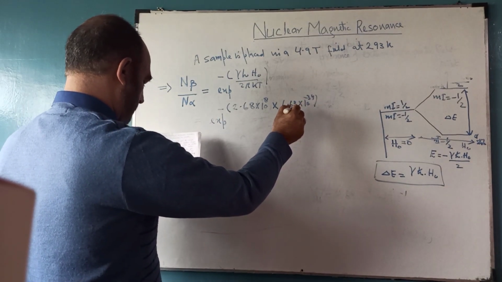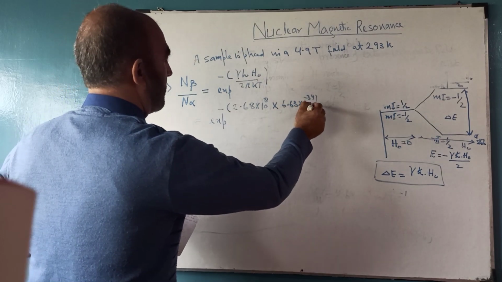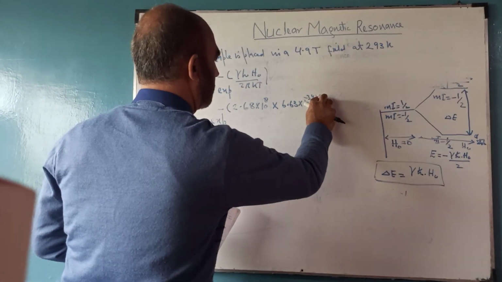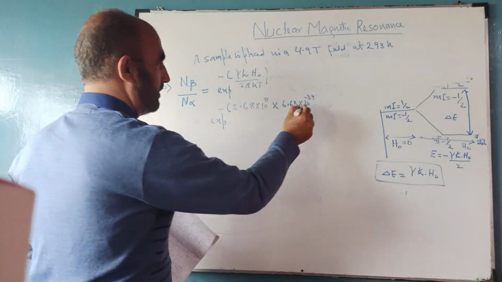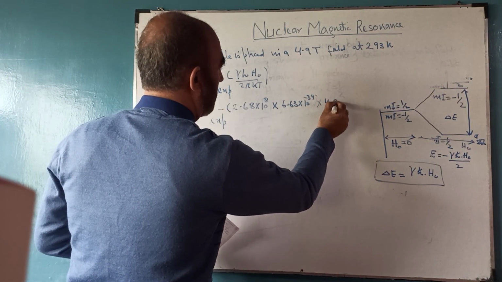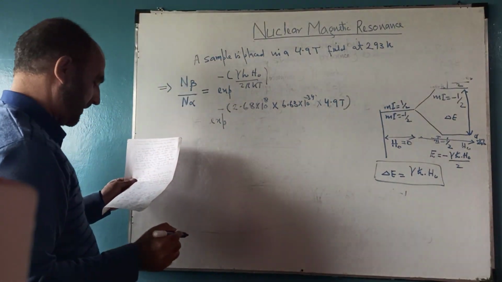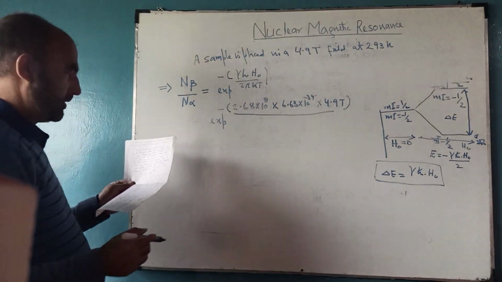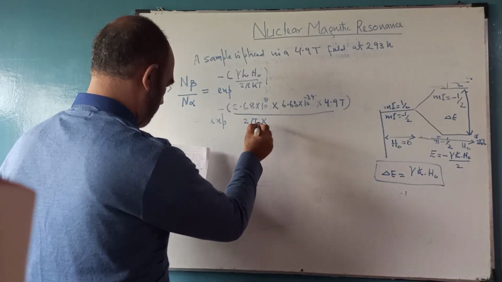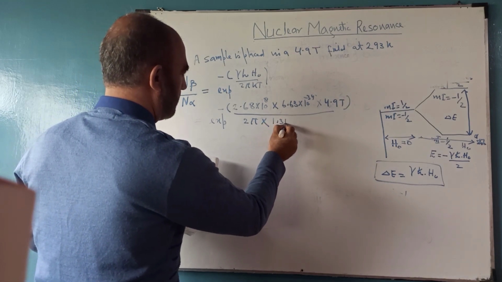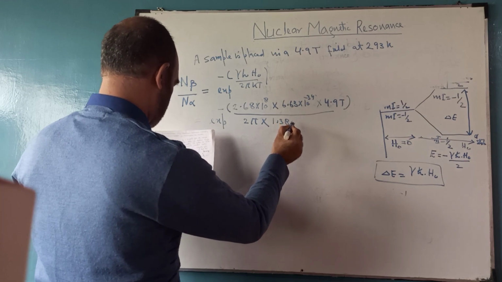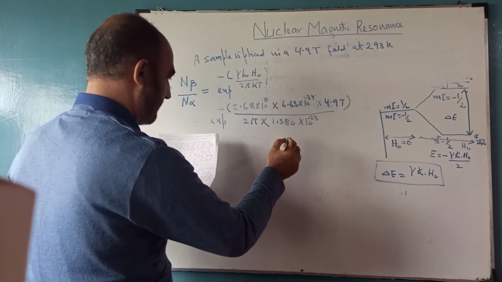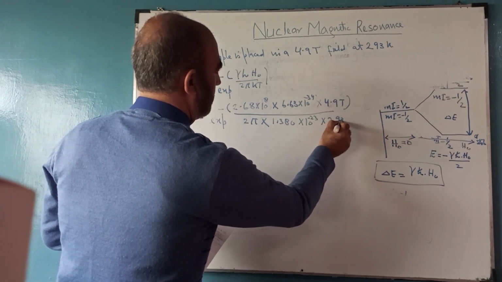Then the magnetic field will be 4.9 Tesla, and we divide this by 2 pi kT, so it will be 2 pi into k. k is 1.380 into 10 raised to power minus 23 joules per Kelvin, then into 293 Kelvin.